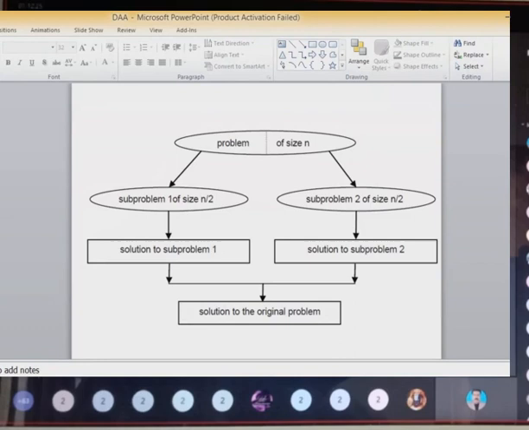The first two steps are division. The final step is combining all the solutions to get the original problem. These are the steps of divide and conquer. Clear? The first two steps relate to divide, and the next two steps are conquer.